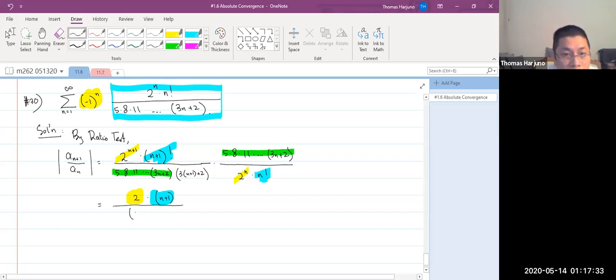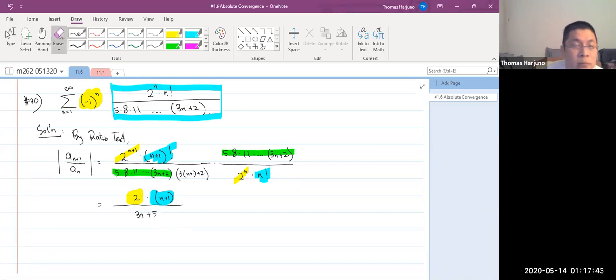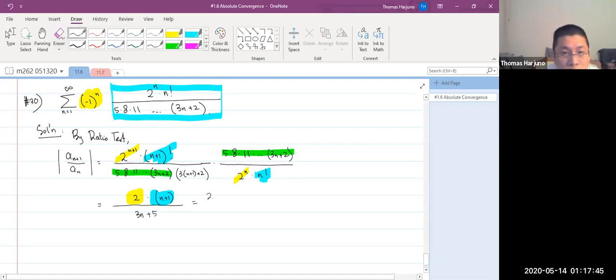And I get 3n plus 5. I don't need parentheses. Which is 2n plus 2 over 3n plus 5 divided by n. That converges to 2 over 3 as n goes to infinity, which is less than 1.